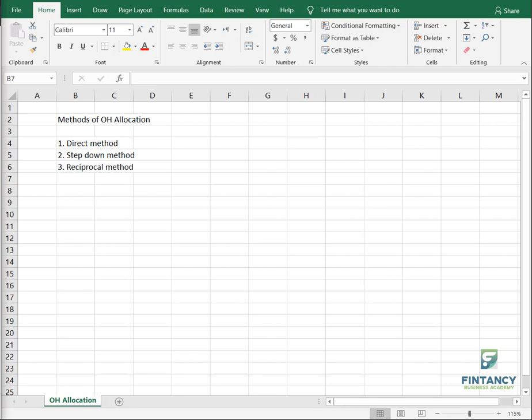So actually, when I'm talking about overhead allocation here and these three methods specifically, we will say, okay, there is a company, and in a company there are different departments, right? Now those departments can be production or service, right?